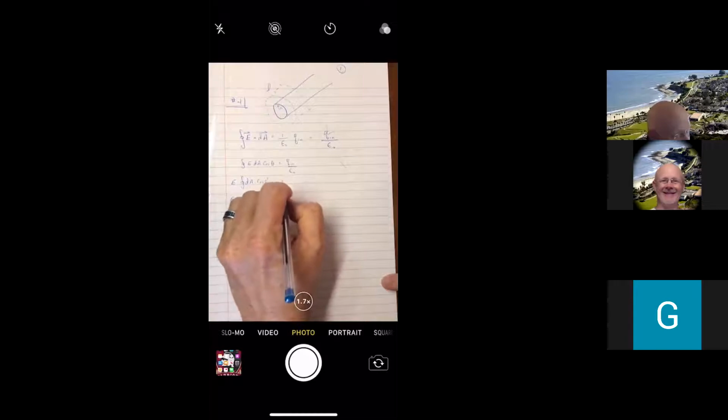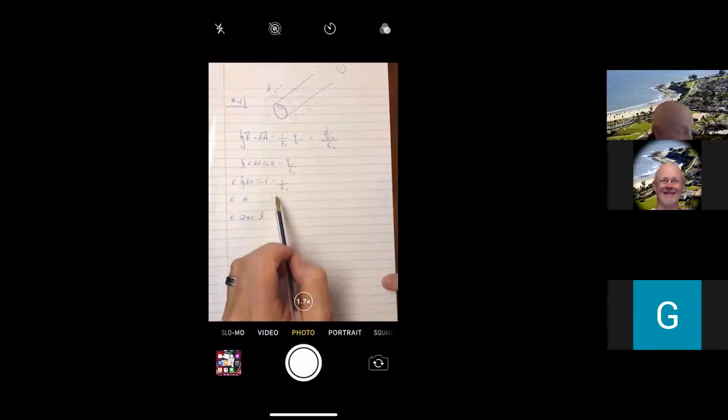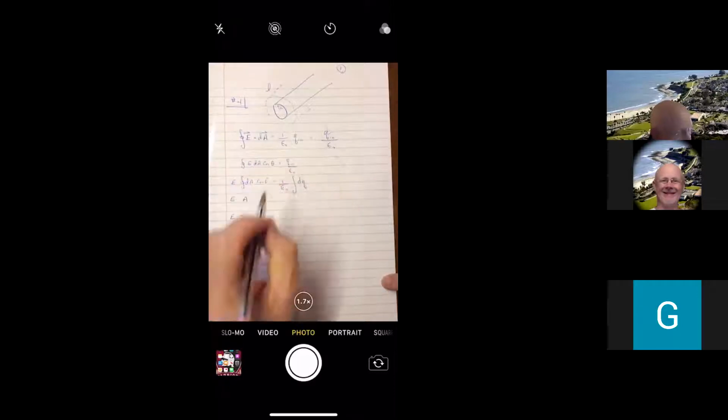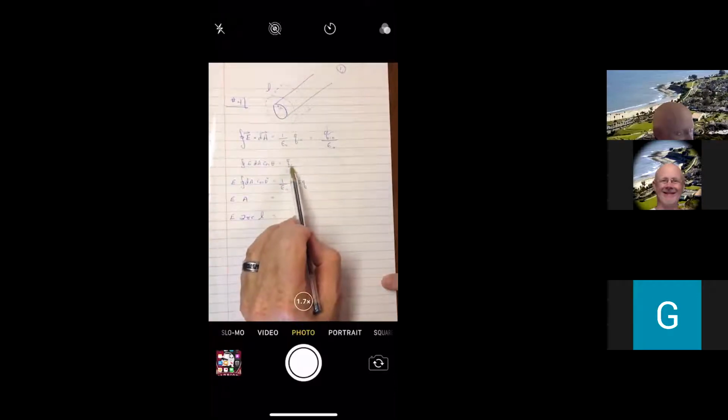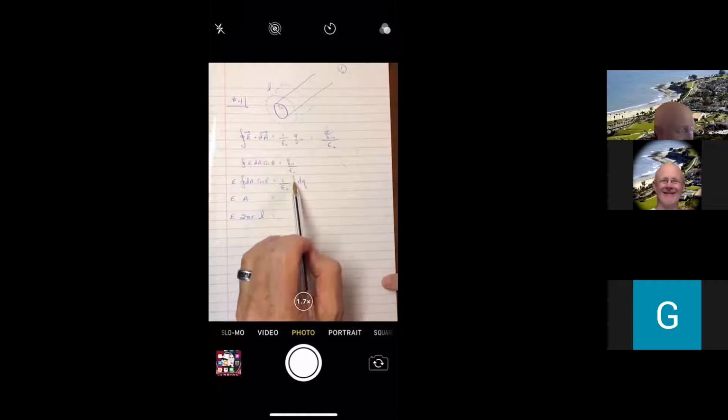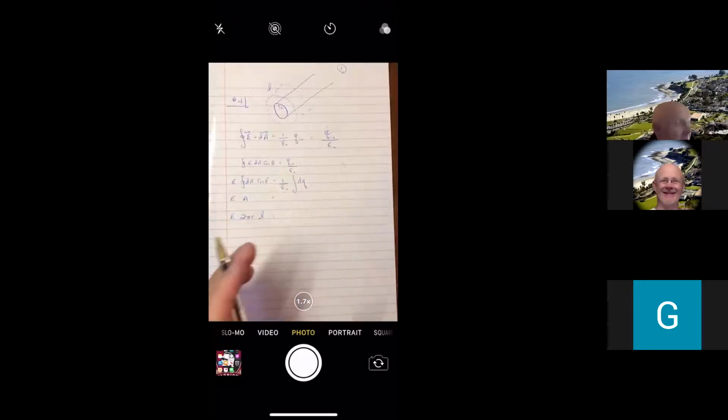I'll use the 1 over epsilon naught and leave that alone. But I would then write that the total charge that is inside of the Gaussian surface is this integral. And this integral means add up all the little chunks of charge that are in here.